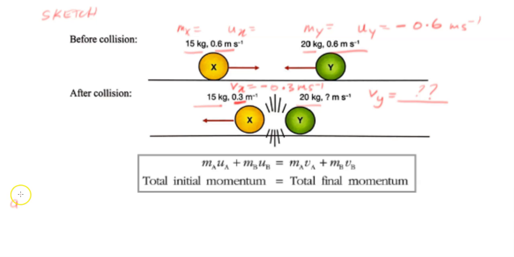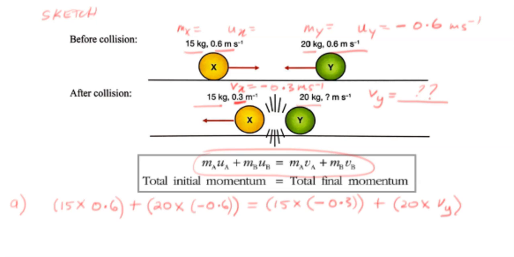So to answer part A, we need to substitute our values into our equation for conservation of momentum. Okay, and don't forget again to make sure we include our negatives.